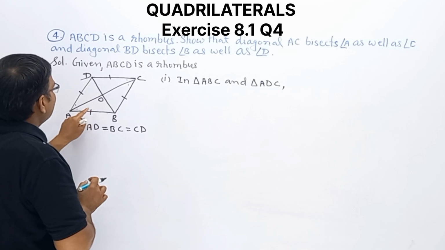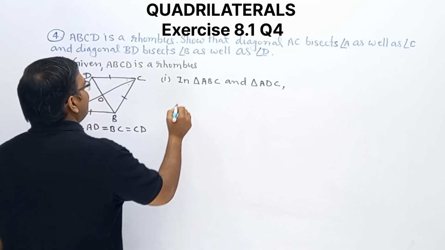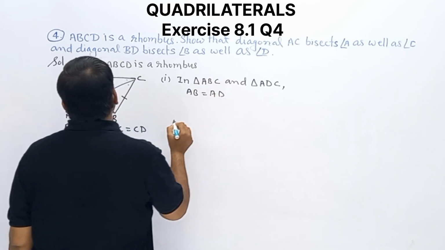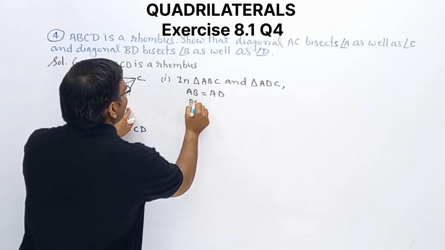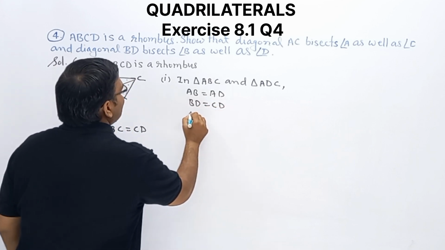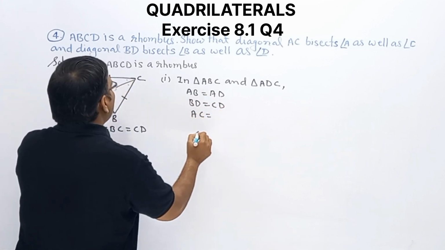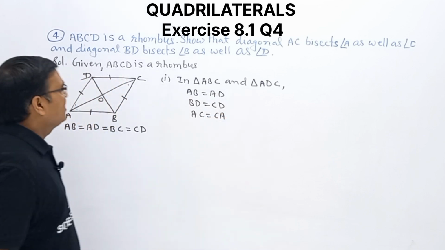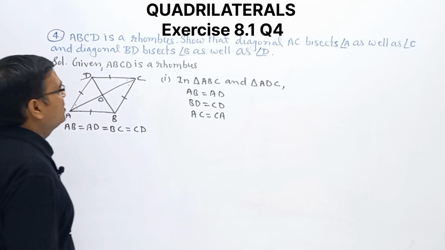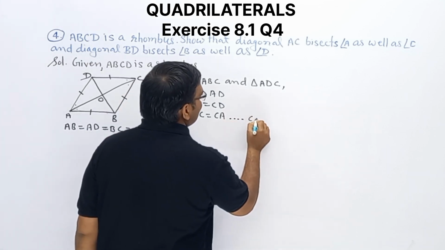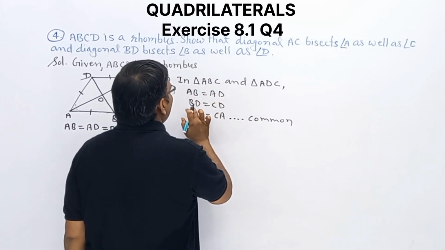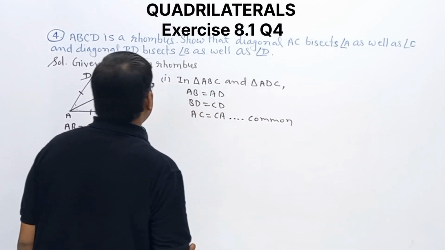For these two triangles, AB equal to AD, no doubt. Another thing, BC equal to CD, and AC is common. AC equal to CA, common in both. Why are we writing AB equal to AD and BC equal to CD?